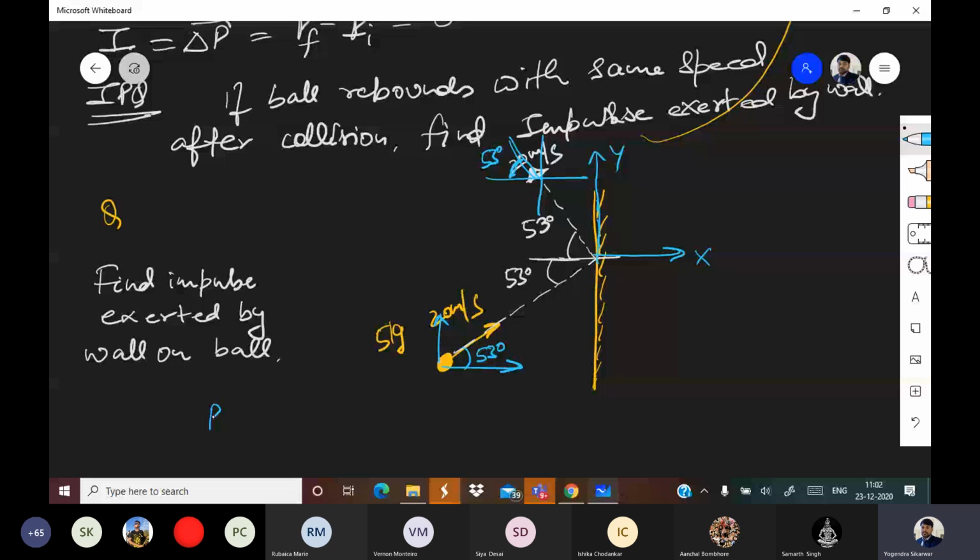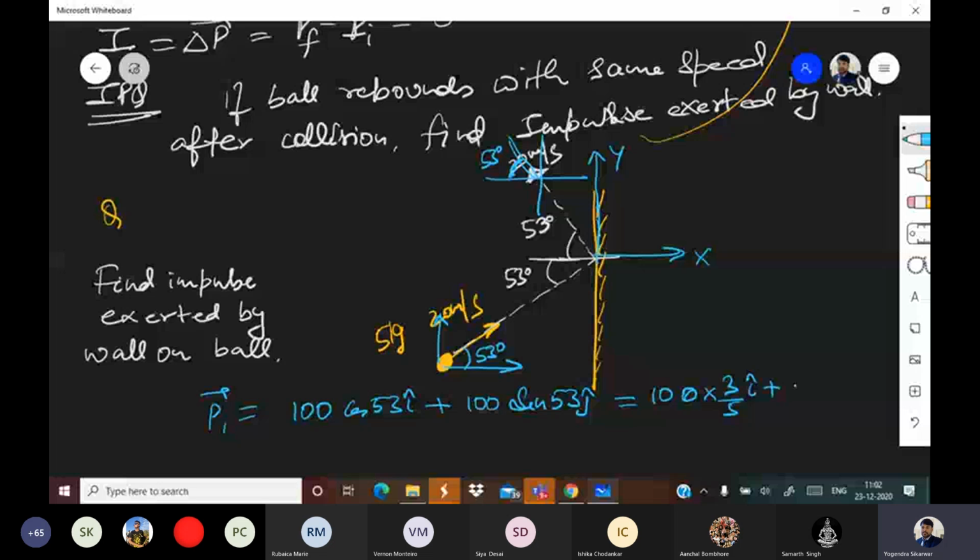So P initial vector is equal to 5 into 20, which is 100. So 100 cos 53 I cap plus 100 sin 53 j cap. That can be written as 100 into 3 by 5 I cap plus 100 into 4 by 5 j cap. So P initial comes out to be 60 I cap plus 80 j cap.